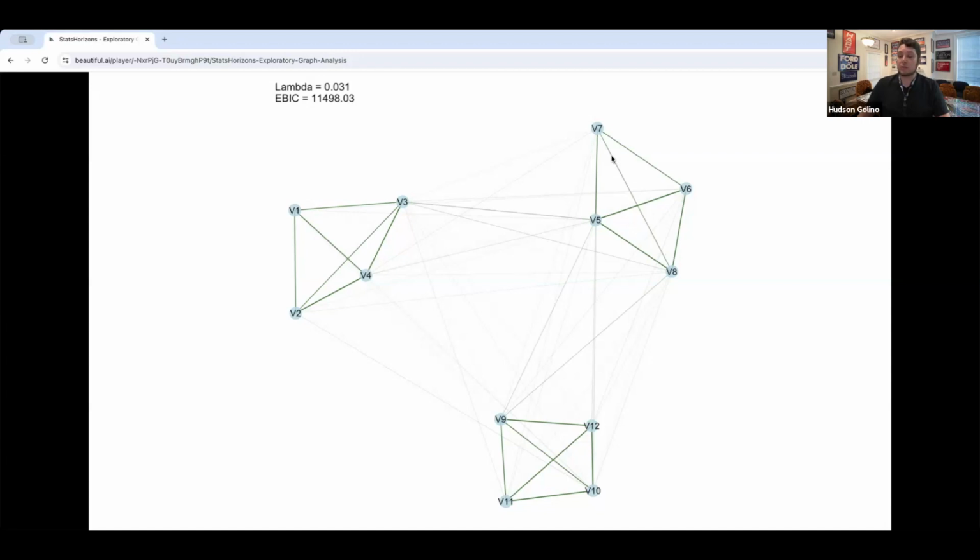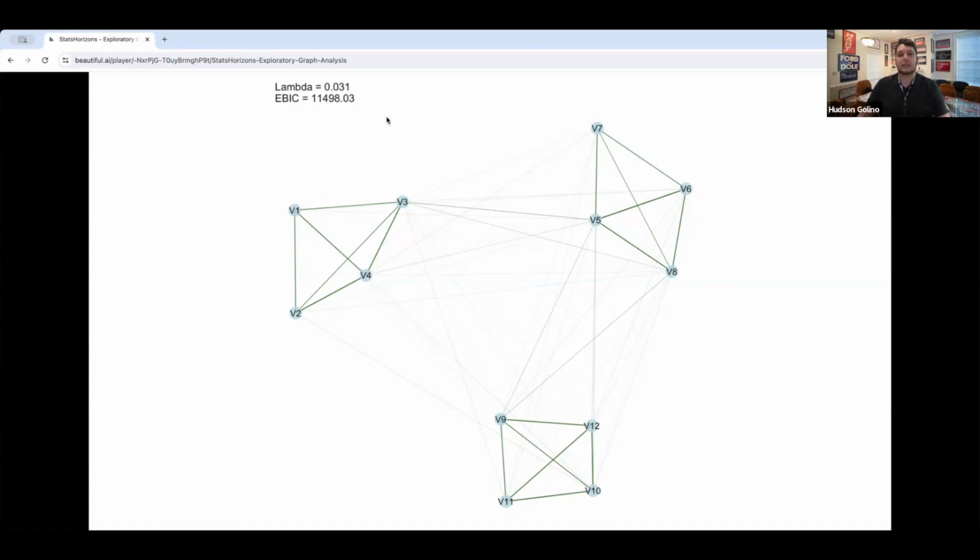Their partial correlations are stronger, therefore they're closer in the two-dimensional space compared to variables 9 and 12, for example, that are further apart from them because their partial correlations are lower than those of variables 5, 6, 7, and 8. So the thickness of the edge represents the magnitude of the partial correlation.